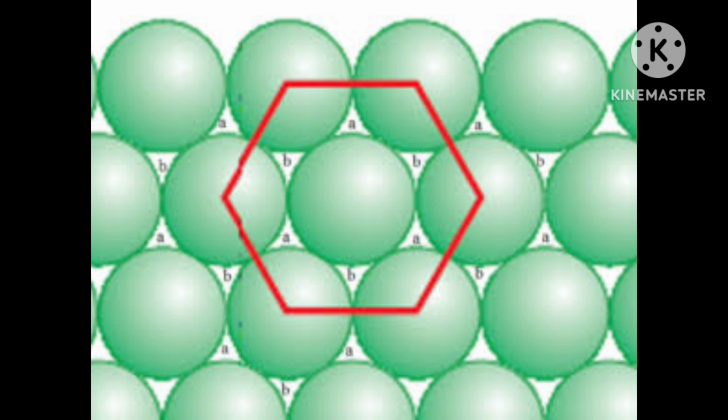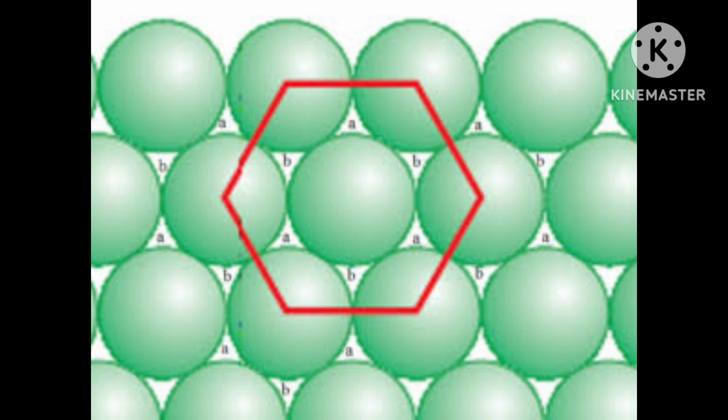Here I have already discussed in the last class. Now new things I am going to discuss. In three-dimensional close packing structure there are 2 types.